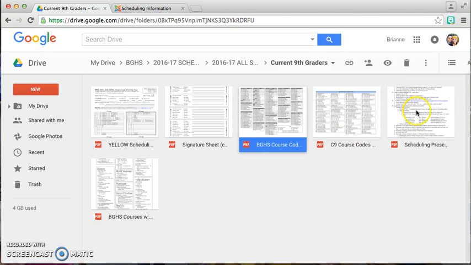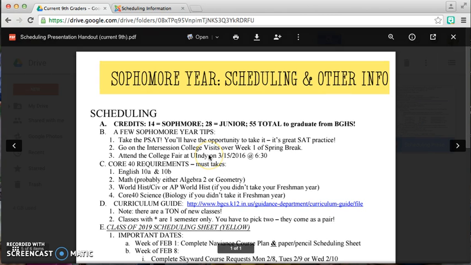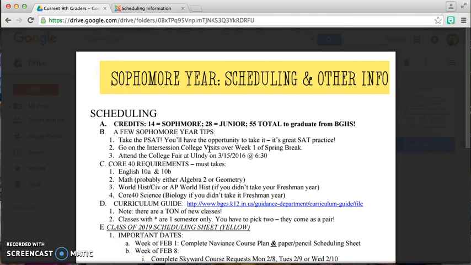I would also suggest having open your scheduling presentation information. You'll notice that your paper copy will match the color of this handout, and we are not printing these handouts for you this year, so please pull it up and read through it either before or during the completion of your paper form.